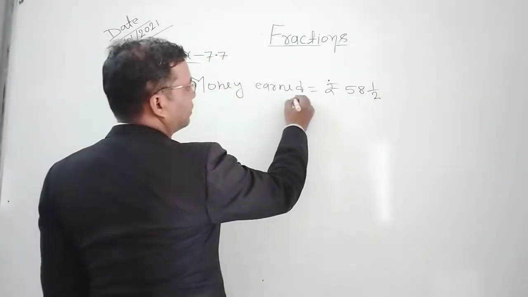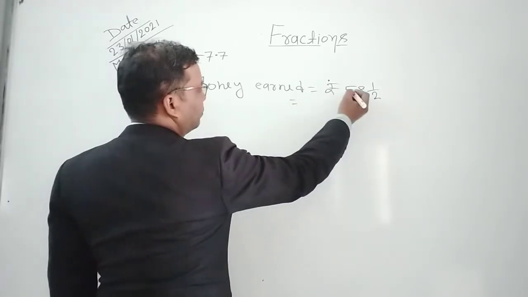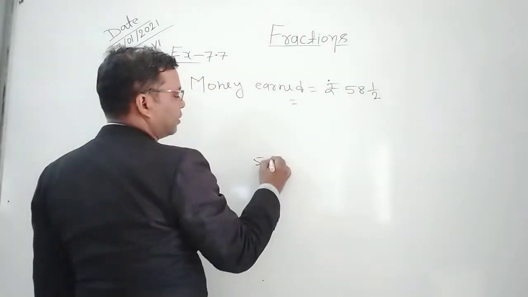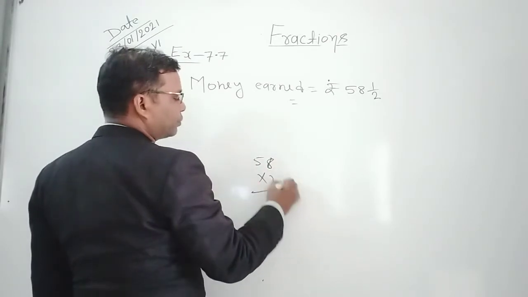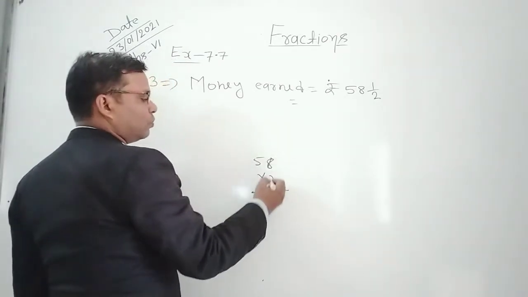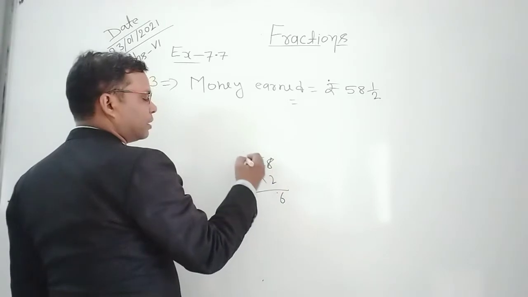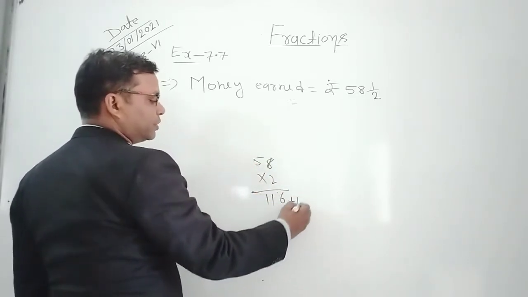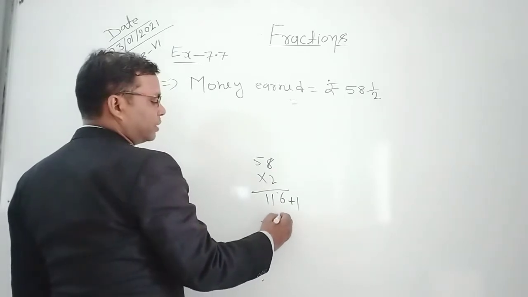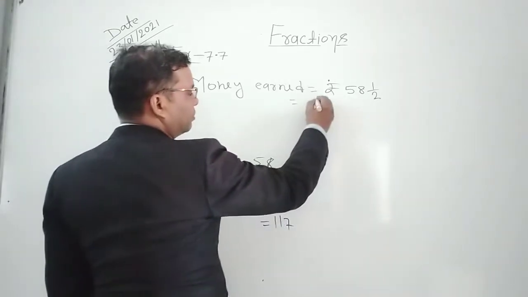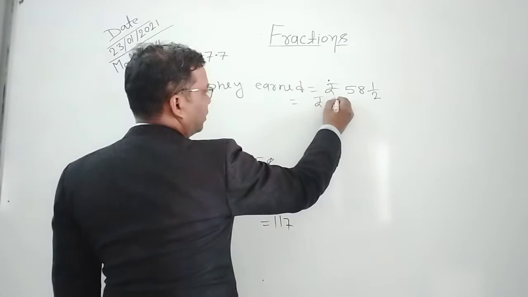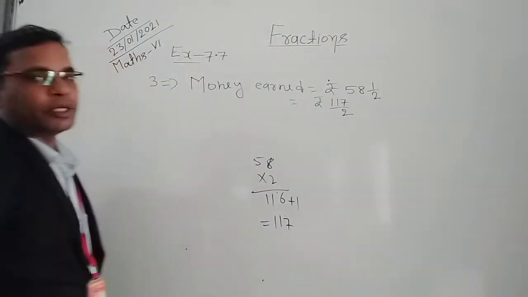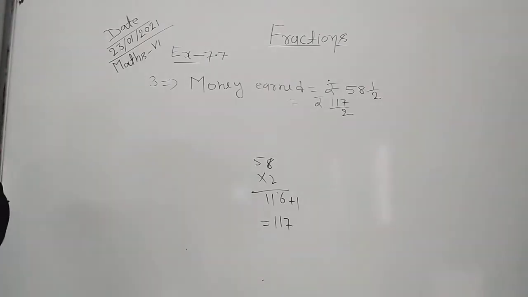Then we get 2 plus 1. So 58 into 2. 2 8s are 16. 5 2s are 10. 10 plus 1 is 11. And plus 1. This is equal to what? 117. This becomes 117 by 2 rupees. This is the money earned by the labor.